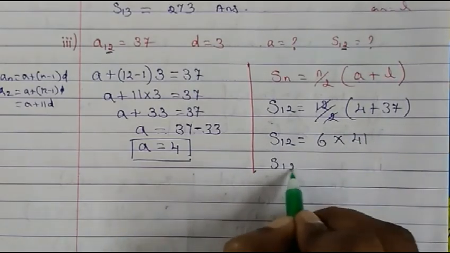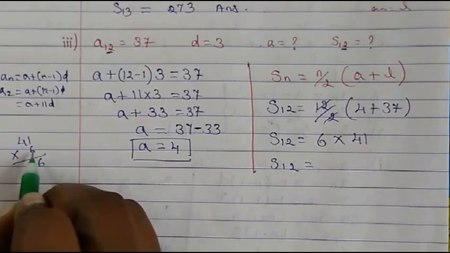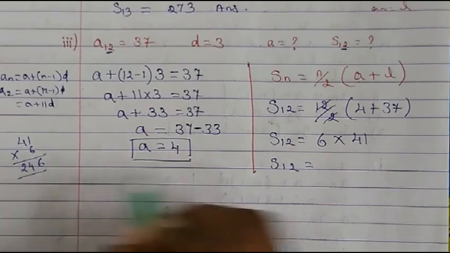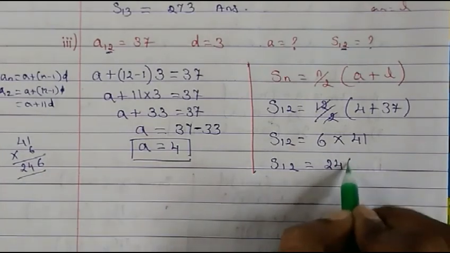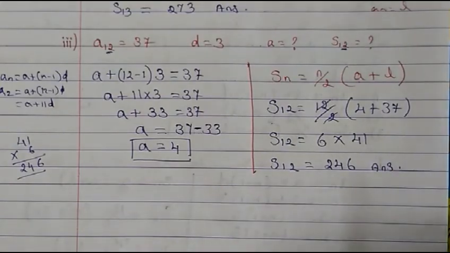So S12 equals 41 multiplied by 6, which is 246. So this is our answer.